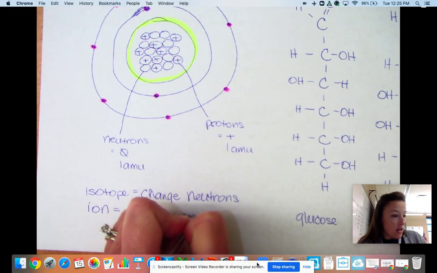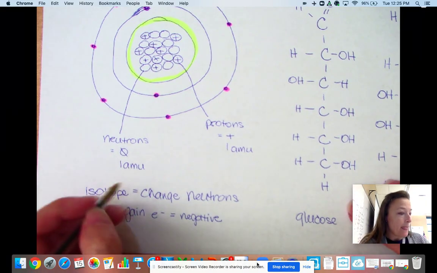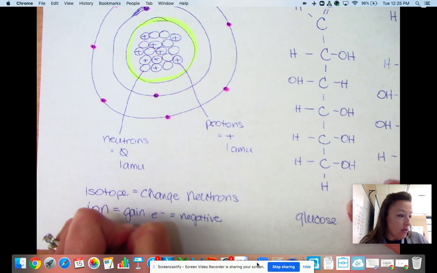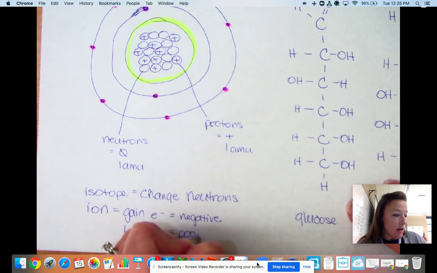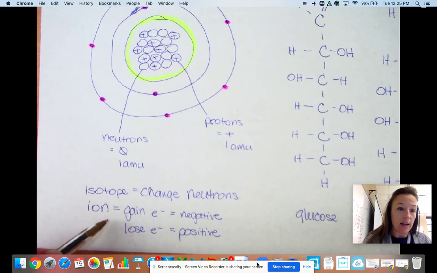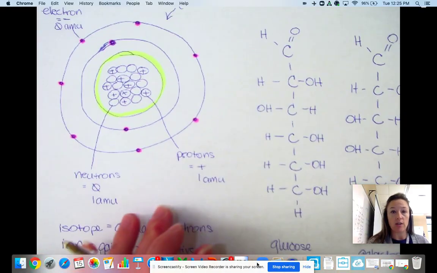If, however, this was, say, sodium, sodium likes to give away its electrons. It makes it easier. So if it were to lose an electron or 2 or 3 or however many, then because it's neutral and it's losing a negative, it would become positive. So that's how you form an ion, is by changing electrons. Isotope is changing neutrons, and if you change the protons, you get a whole new element.